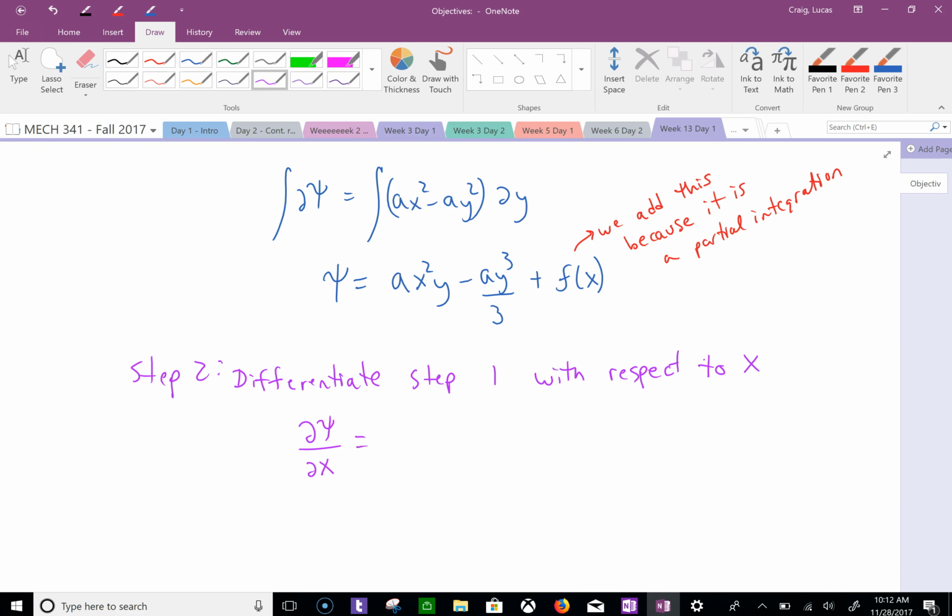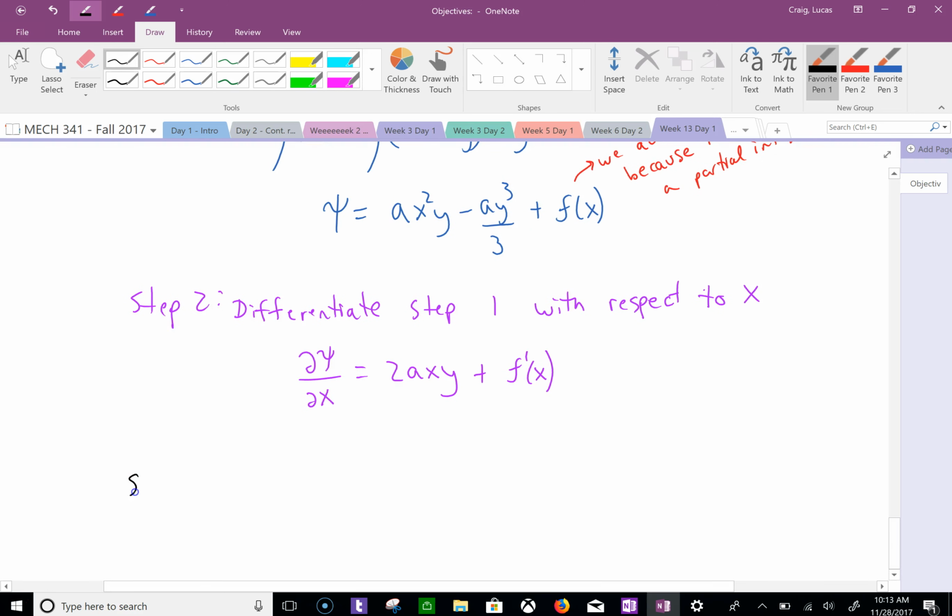What do you get? 2axy, then what? Almost: f prime of x. Bingo, because it's a derivative of whatever this function is. Questions?